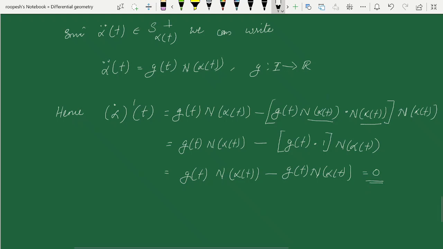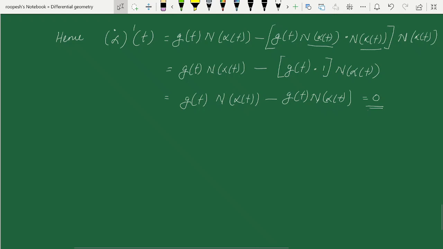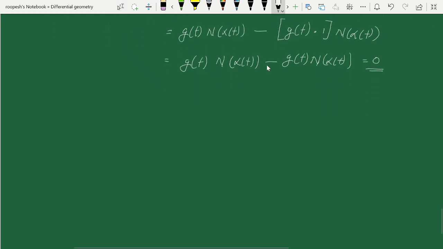We have proved that whenever alpha is a geodesic, its covariant acceleration is 0 along alpha.